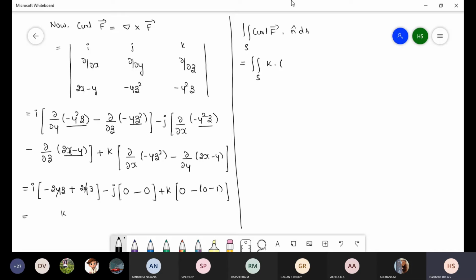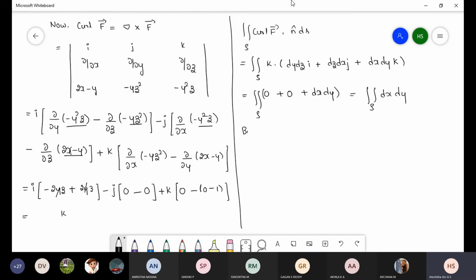We know n cap ds is dy dz i plus dz dx j plus dx into dy into k. So k dot i is 0, plus k dot j is 0, k dot k is 1. So we get dx into dy.